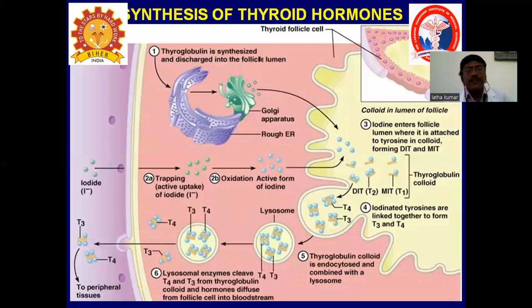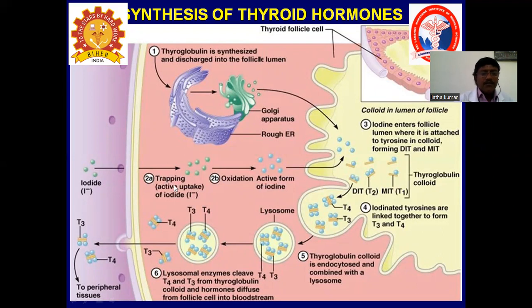This picture shows the synthesis of thyroid hormone. On the left-hand side, you can see the layers of the thyroid follicular cells. Next to that layer, you can see the three green particles, which are nothing but iodide. Iodide present outside the follicle is taken up into the follicle. That is the iodide trapping.